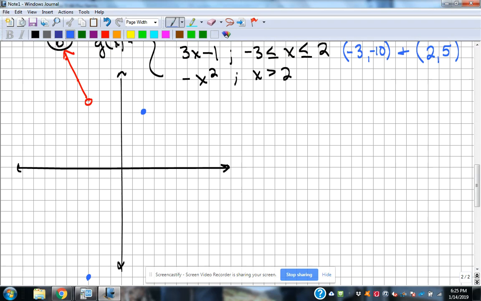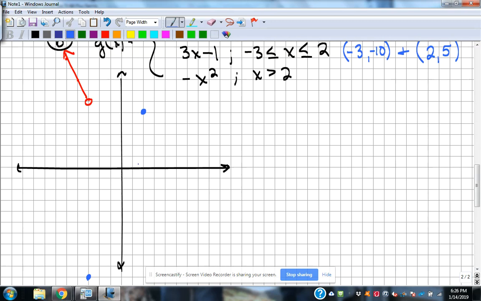What does the graph of 3x minus 1 look like? Is it curved or is it straight? Is it a straight line or is it a curved line? It's a straight line. It's slope-intercept form, right?